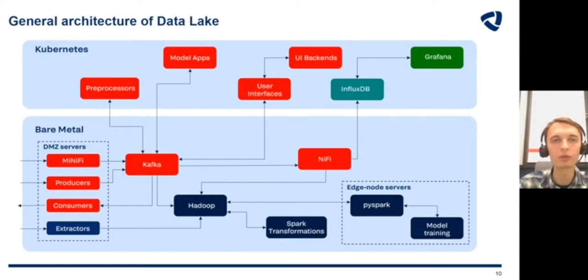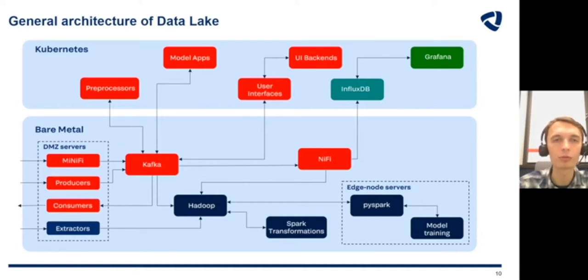Also, you can use user interfaces when you want to communicate with operators, for example, if you want to input some data to your models. And we use NiFi as our connector to Hadoop, for example, or to InfluxDB.